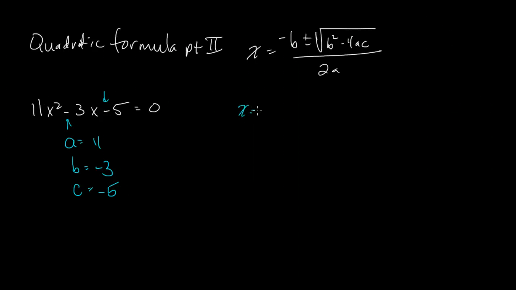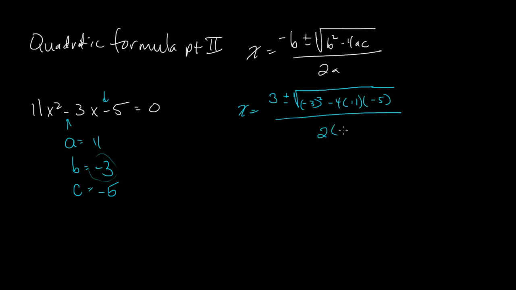So X is equal to the opposite of B, and so if B here is already negative, then the opposite of negative is a positive 3, plus or minus the square root of B squared, or negative 3 squared, minus 4 times A, which is 11, times C, which is negative 5, all over 2 times 11, 2A.